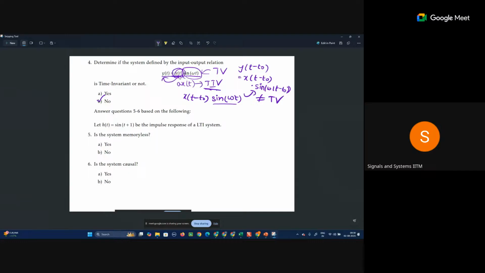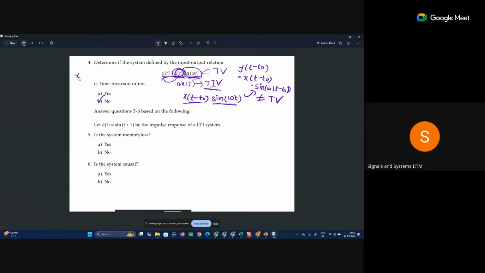Here I'm just delaying the input without considering this. x of t is only the input, and sine omega t is just given by this function. We do not have to operate on it.